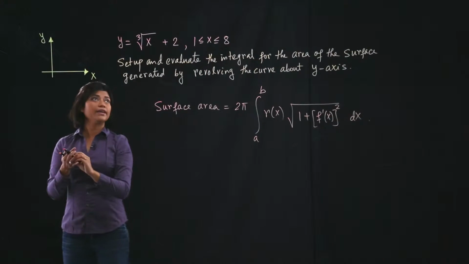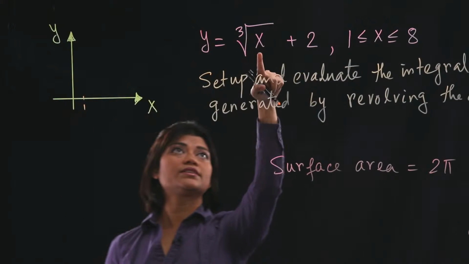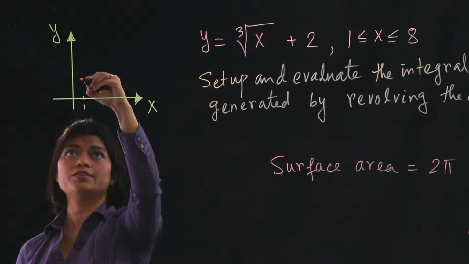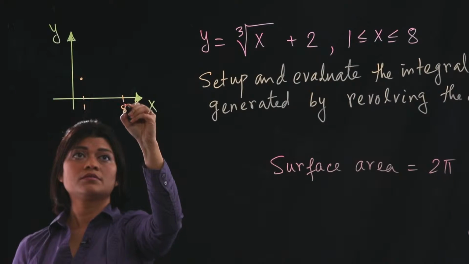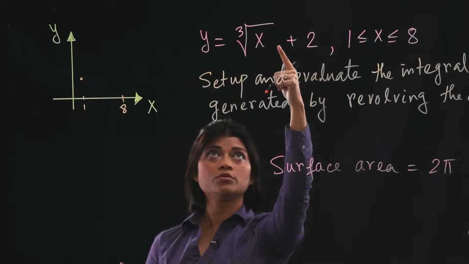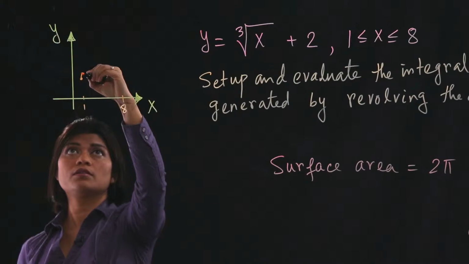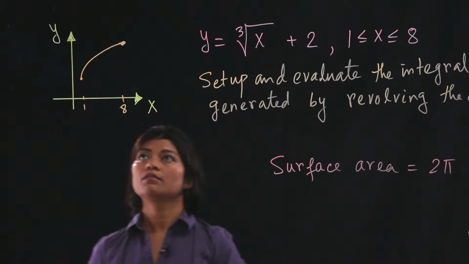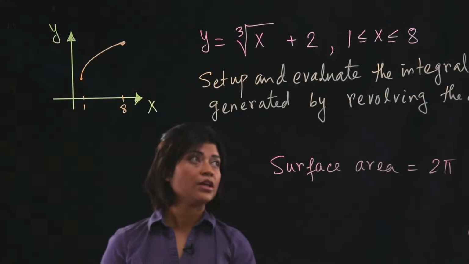So when you plug in x equals 1, you get 1 plus 2, you start at 3, somewhere up here, say, and at 8, cube root of 8 is 2, 2 plus 2 is 4, so it'll end at 4. So it looks something like this. Okay, so this is the portion of the curve we're considering.